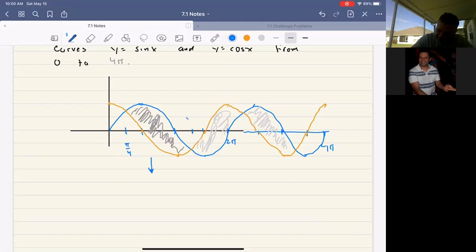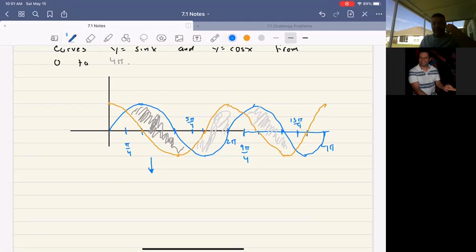This is 5 pi over 4. This is going to be basically like pi over 4 again, that's 9 pi over 4. And then 5 pi over 4 plus 2 pi is going to be 13 pi over 4.